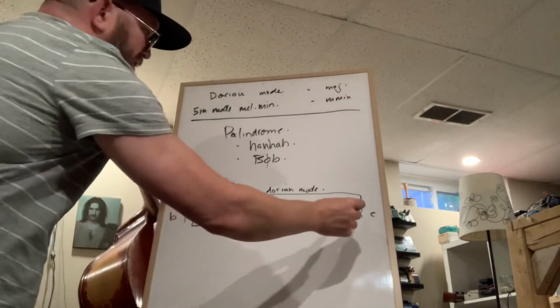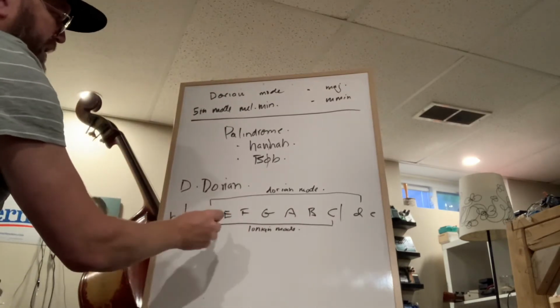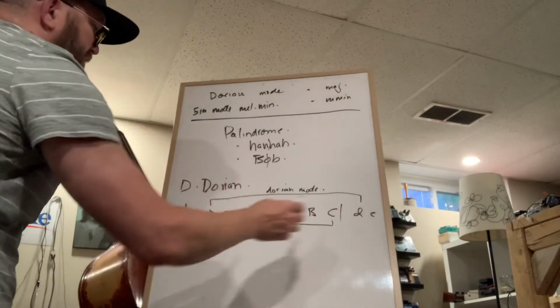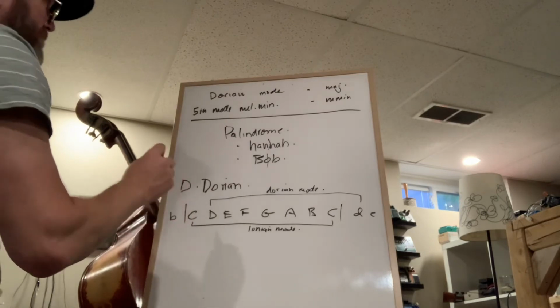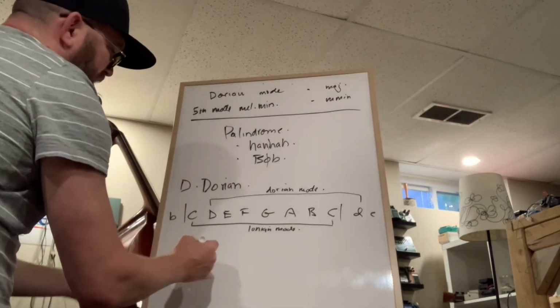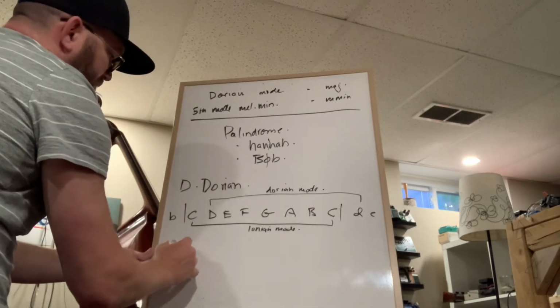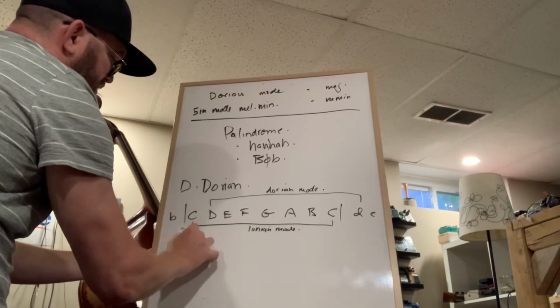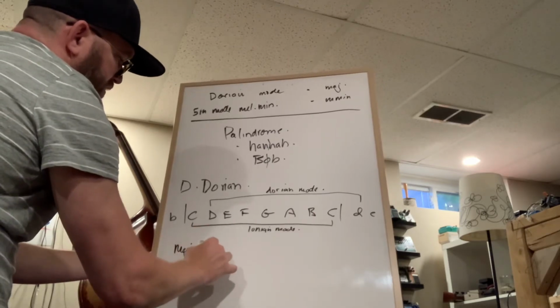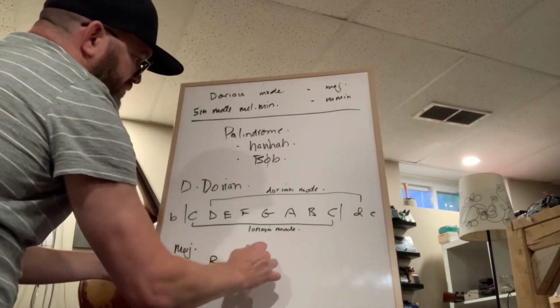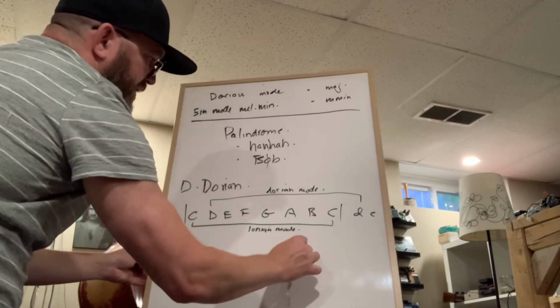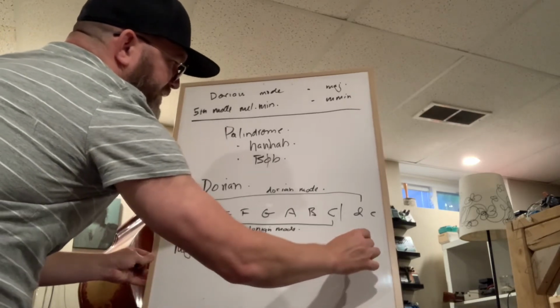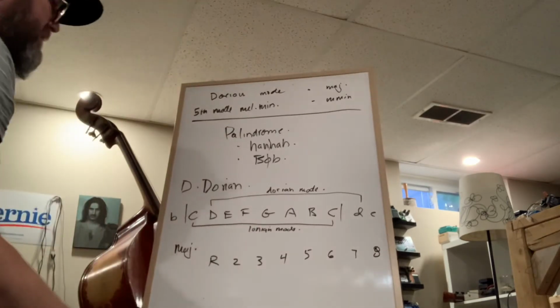So if I compare the Ionian mode, which is not palindromic, it's got a construction like this. Your major scale goes: you've got a root, a 2, a 3, 4, 5, 6, 7, 8.